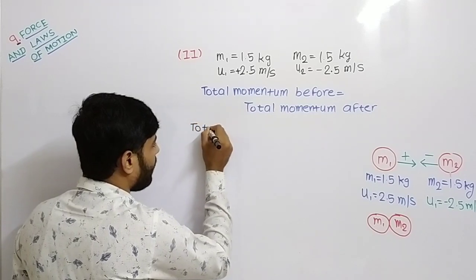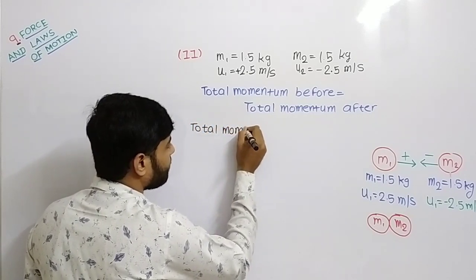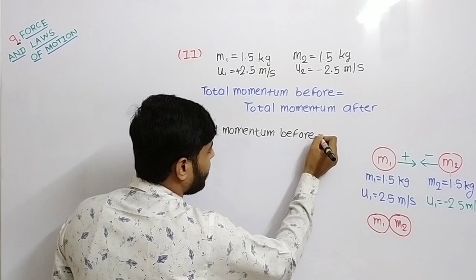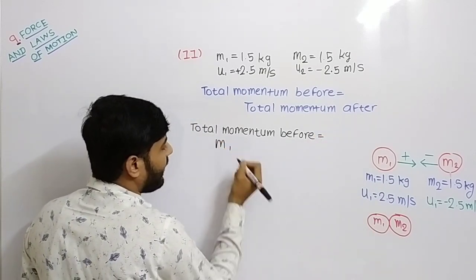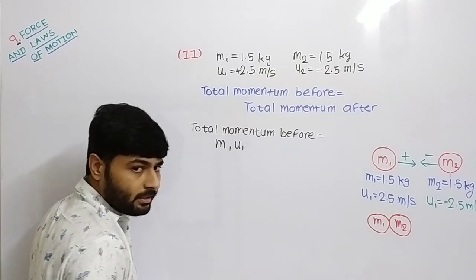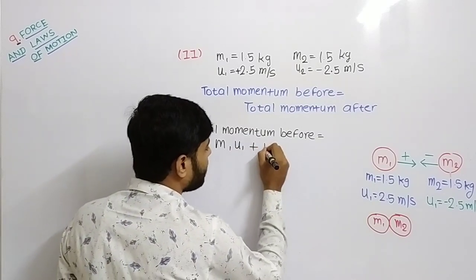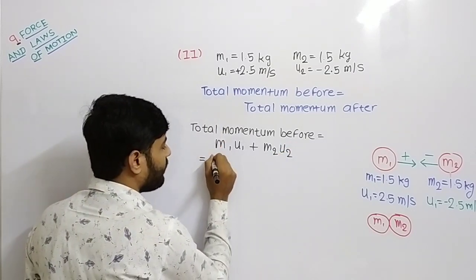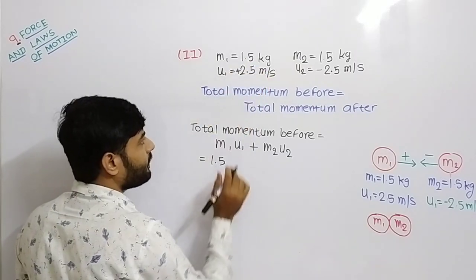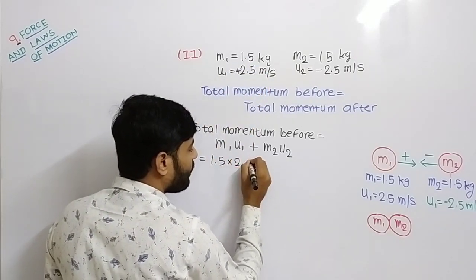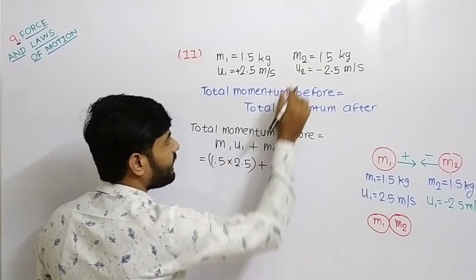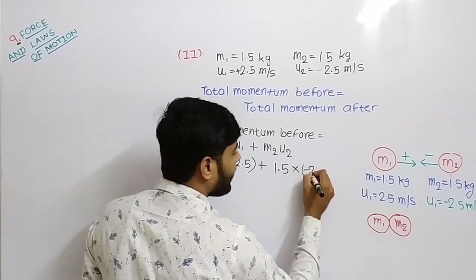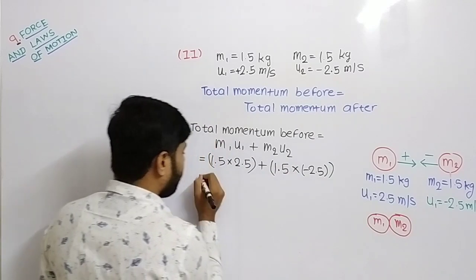So total momentum before is equal to m1u1 plus m2u2. So we have 1.5 for m1, u1 is 2.5, plus m2 is also 1.5 multiplied by u2, which is minus 2.5.